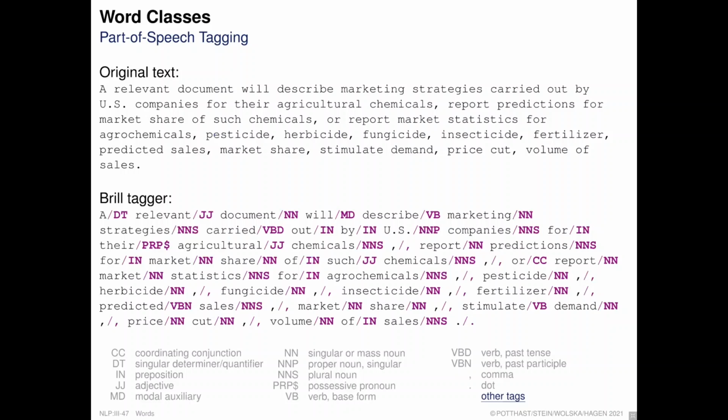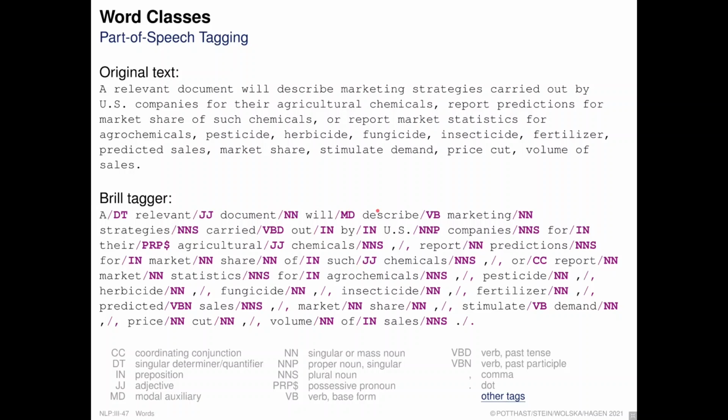Here's an example of part of speech tagging output. The part of speech tagger would take plain text here and identify the part of speech for every word. Here is the Penn Treebank tag set, and in this case, the output stems from the Brill tagger.